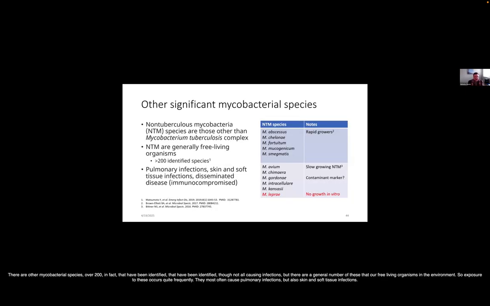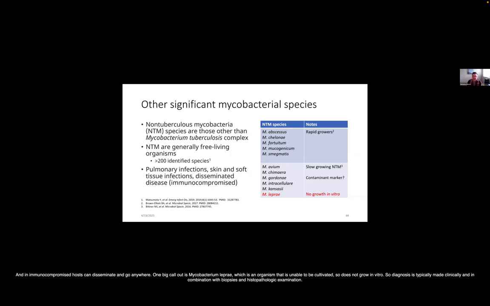There are other mycobacterial species, over 200 in fact, that have been identified, though not all causing infections, but there are a general number of these that are free-living organisms in the environment, so exposure to these occurs quite frequently. They most often cause pulmonary infections, but also skin and soft tissue infections, and in immunocompromised hosts can disseminate and go anywhere.